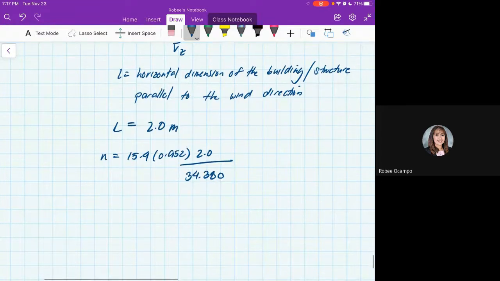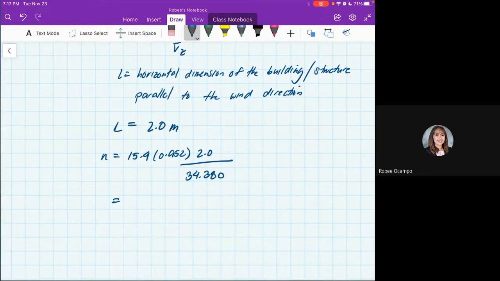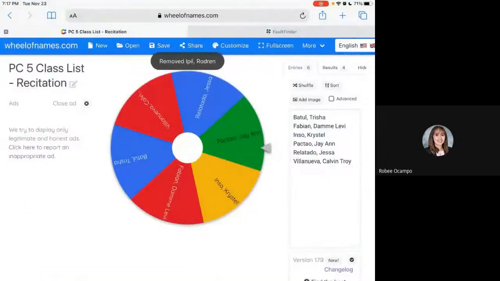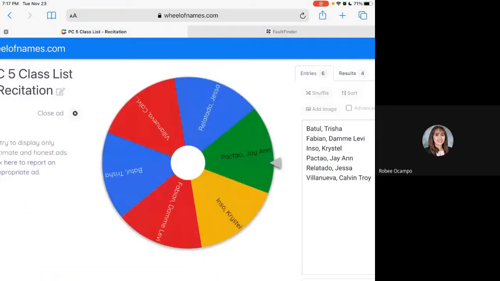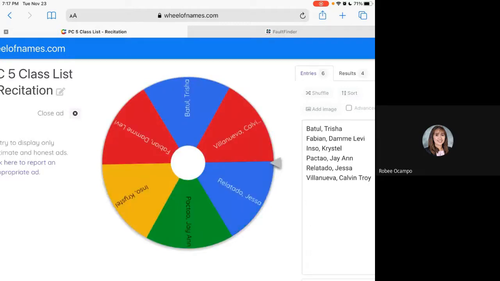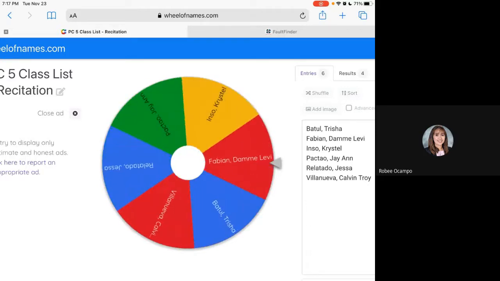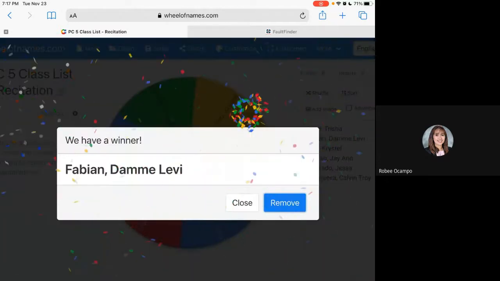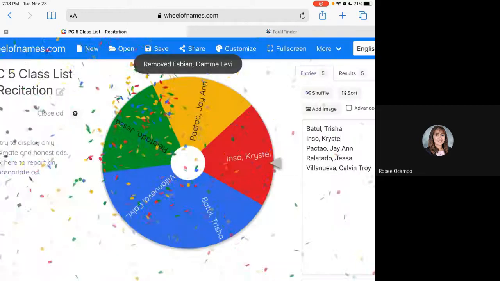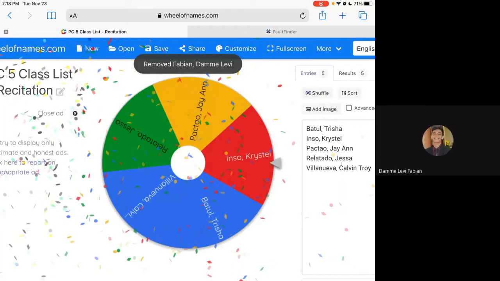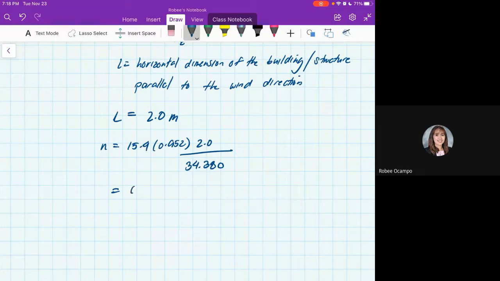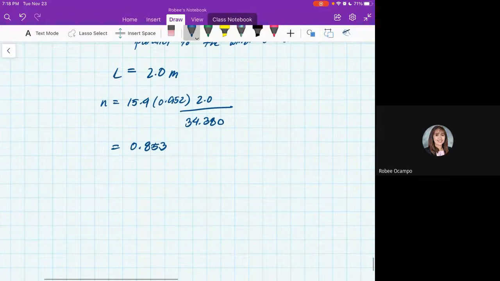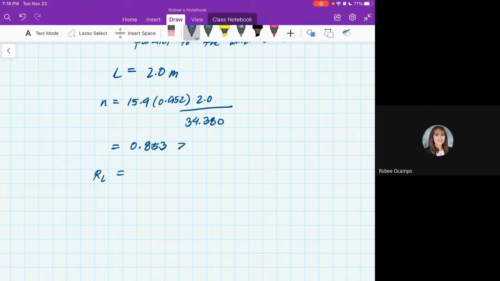So, ilan ito? 0.853 po. So, that's 0.853. Okay? So, pwede na natin makuha yung value for our RL because our nu is greater than 0.